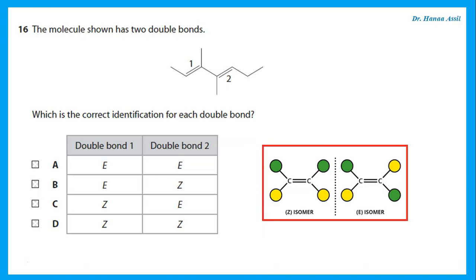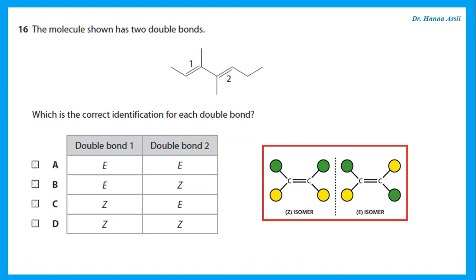When there are two different groups attached to each carbon, if the ones with higher MR are on the same side, that is a Z isomer. If the ones with the higher MR are on opposite sides of the double bond, that's an E or a trans. So let's take a look at each double bond.